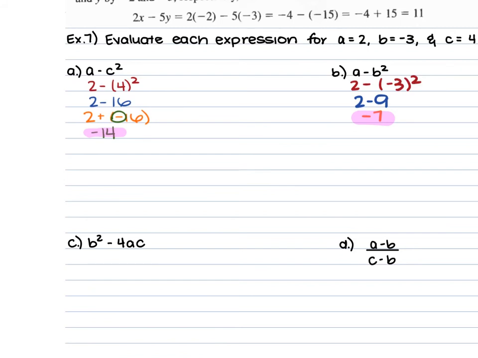So that b is negative 3, so it's going to be negative 3 squared minus 4 times a, which is 2, times c, which is 4. So the negative 3 squared is 9, minus 4 times 2 is 8, times 4. 8 times 4 is 32, so it's 9 minus 32, which gives us negative 23.